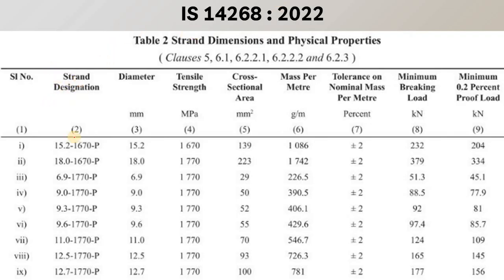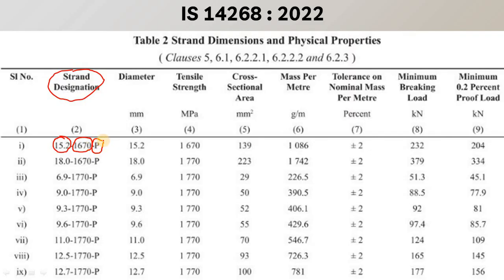Here you can see in column number 2, it says strand designation, which means the first thing that you see is the diameter of the strand wire. Second is the tensile strength, or tensile capacity of the strand, and then the type of the strand.